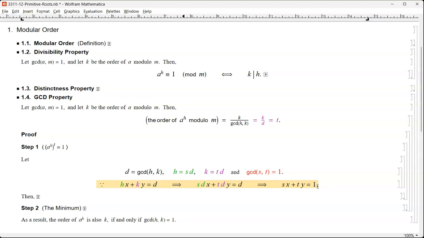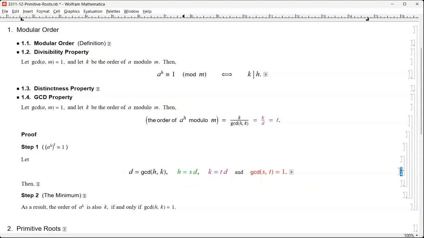So dividing both sides by D, we get Sx plus Ty is 1. And that's precisely what we have here for GCD. The GCD part, the red part, will not be used in step 1, but it will be used in step 2, so remember that. So let's come back to green and purple.